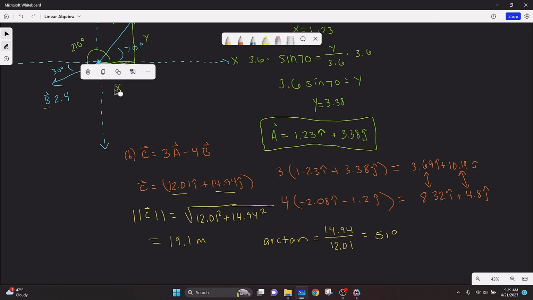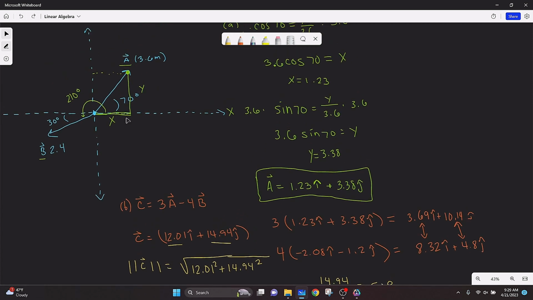So we can imagine that looks something like, so we're going to go 51 degrees, so we're going to be slightly less than this, but the magnitude is 19, so much larger magnitude.